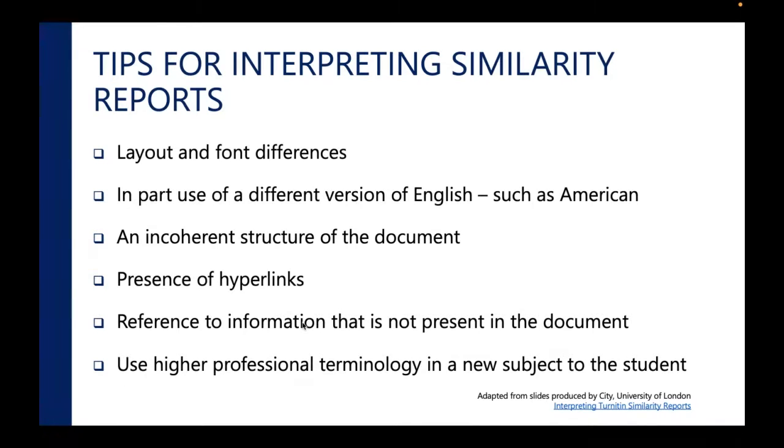If you see different spacing on the content, if you see different font types, that way it may tell you that they probably have sourced this content from different locations. But that's also something to note, that it's not always the case that they've done that deliberately, or they've done it just to try to trick the system. It may be that they didn't know how to edit the material.